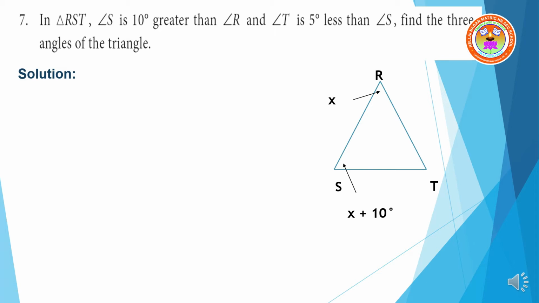Now, angle T is given as 5 degree less than angle S, which can be written as X plus 10, that is angle S, minus 5 degree.